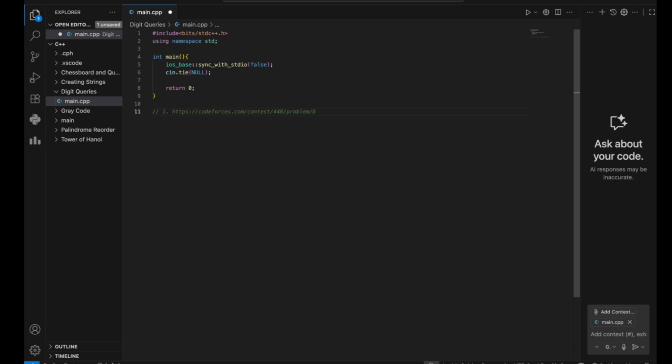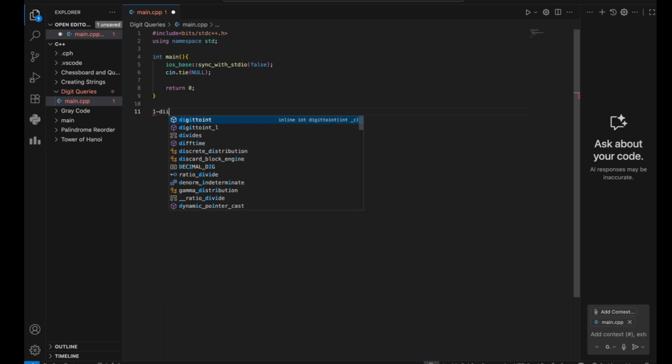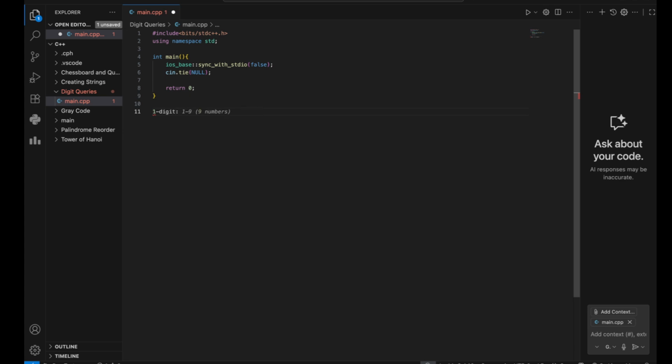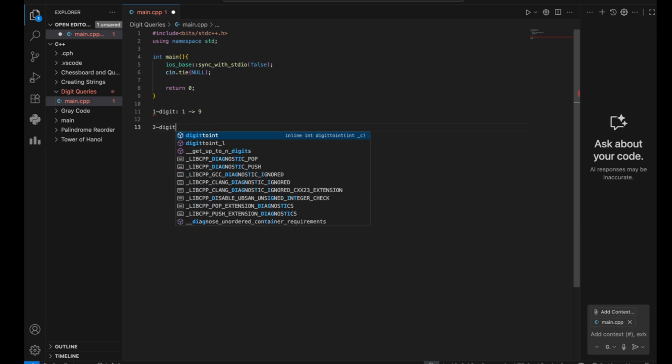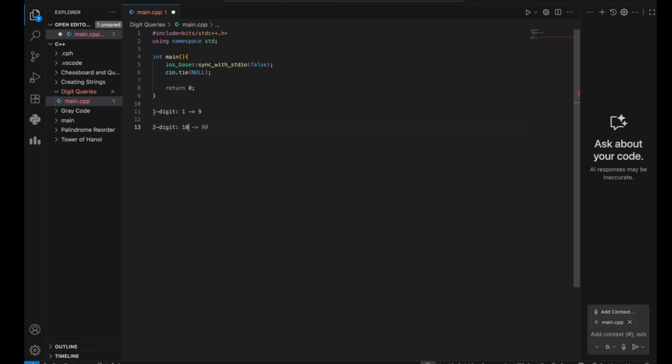The first block has one digit, from 1 to 9. The second block, the two-digit block, is from 10 to 99.